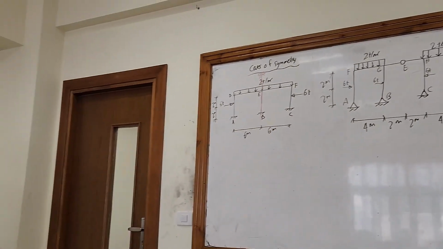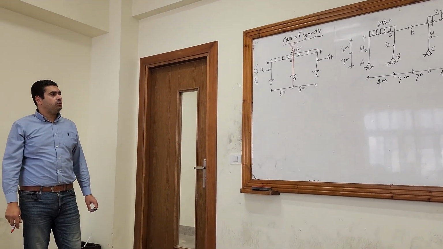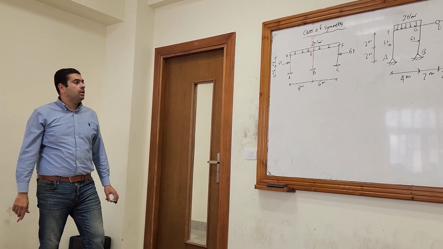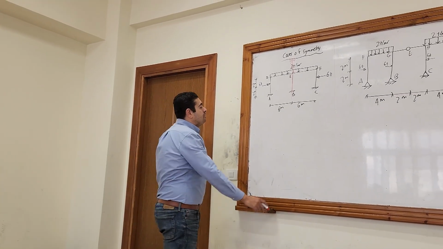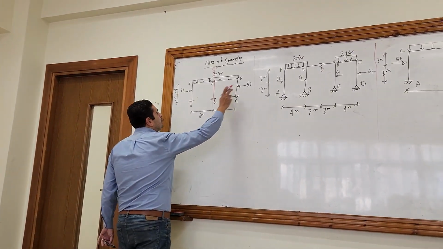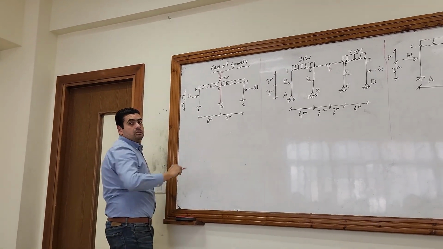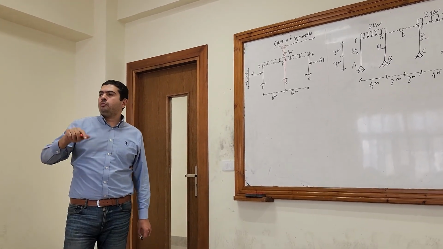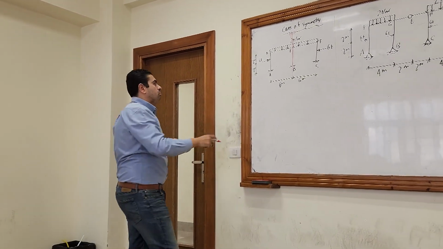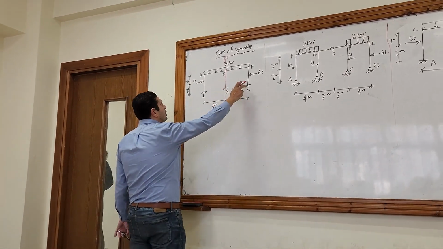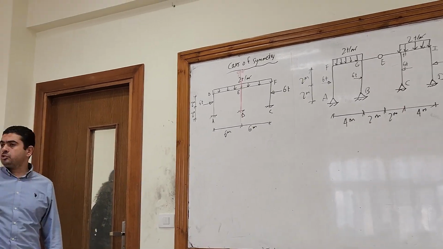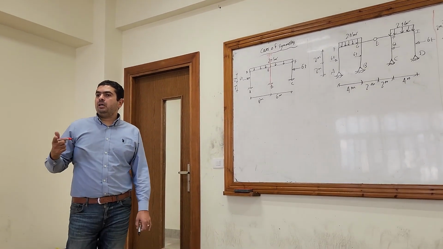First, I have to double check that it is symmetric. The symmetry is not only the loads, not only the dimensions, the symmetry is for the factor of I as well. So this has to be like 2I, and this has to be the same factor, 2I. So not only the dimensions, not only the loads.